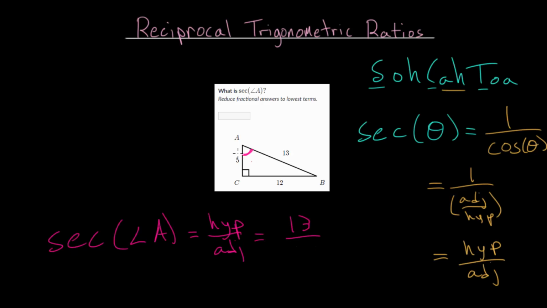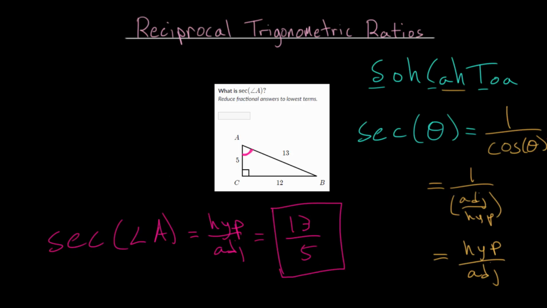And the adjacent side, the one next to the angle, has a length of 5. Notice that 12 is the opposite side of this angle A. So what is the secant of this angle A? Well, it is 13 divided by 5. And we need to reduce our fractional answer to lowest terms, but 5 and 13 are prime numbers, so there's nothing that we'd be able to cancel out here.